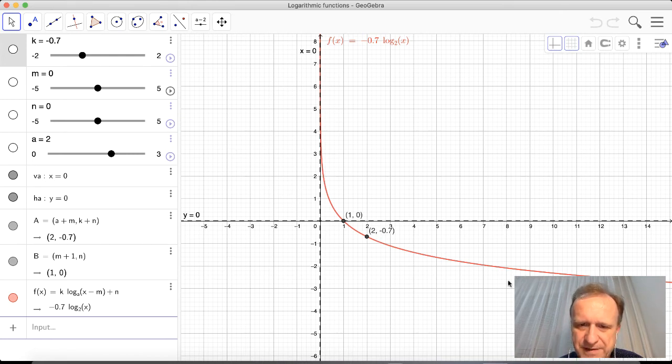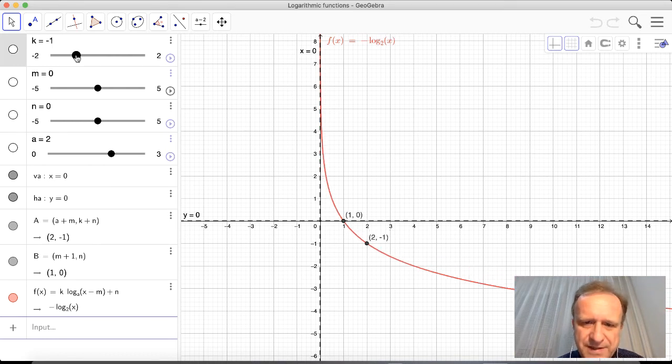So what I get is the reflection of this graph and a corresponding stretch or shrinking in the vertical direction. So for example, when k is only -1, the relationship of this graph to the original logarithm in base 2 of x is that it's just reflected about this horizontal x-axis. Nothing changed, just it's flipped like that.